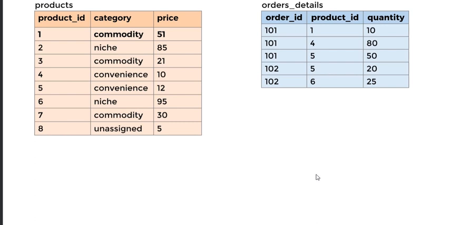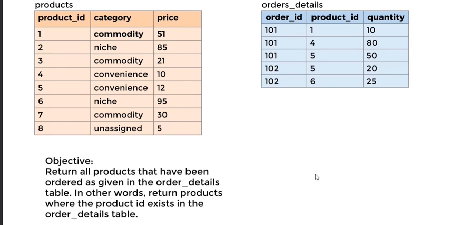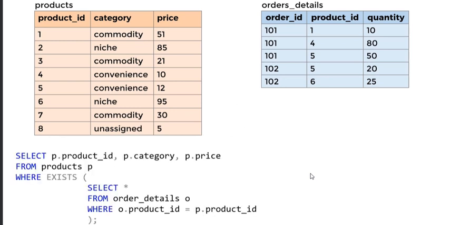So let's say we had the following objective. This is the requirement I want: products with the product ID that exists in the order details table. We can write this query by using the exist operator, and also by using the in operator.